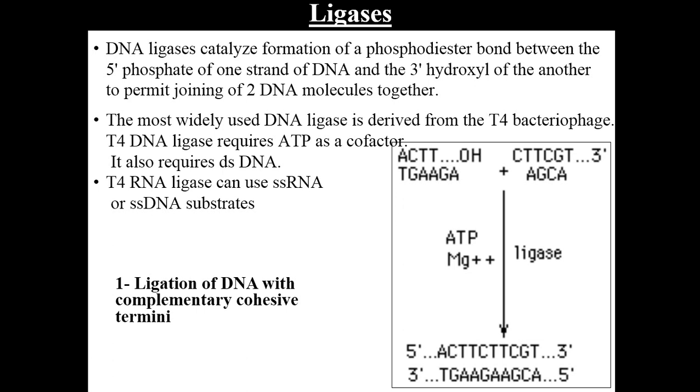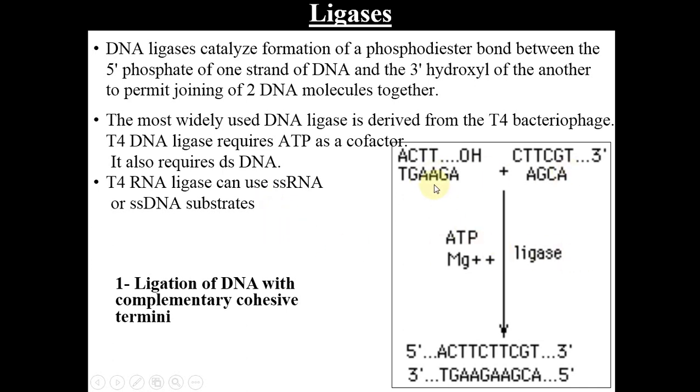The most widely used DNA ligase is derived from T4 bacteriophage, named T4 DNA ligase. This T4 DNA ligase requires ATP as a cofactor, and it also requires double-stranded DNA for joining. T4 RNA ligase can use single-stranded RNA or single-stranded DNA substrates.